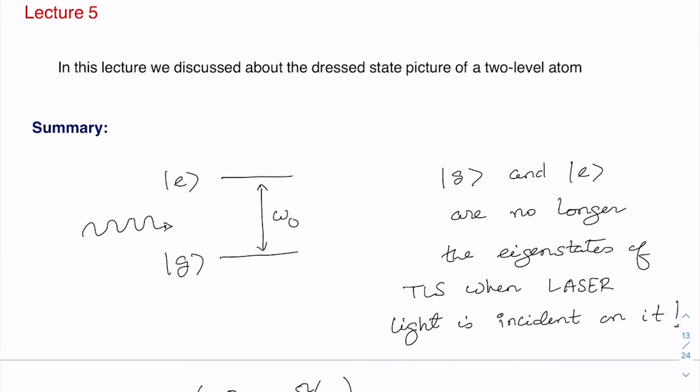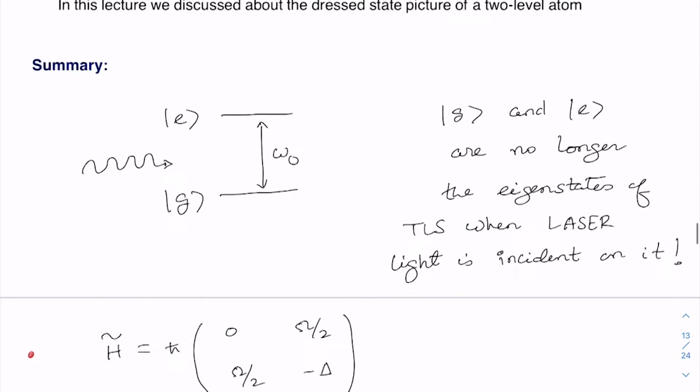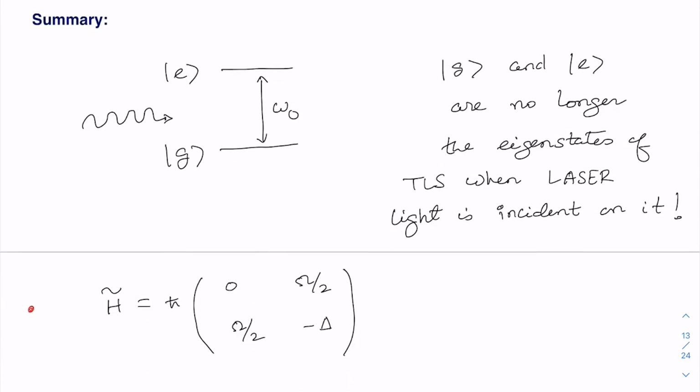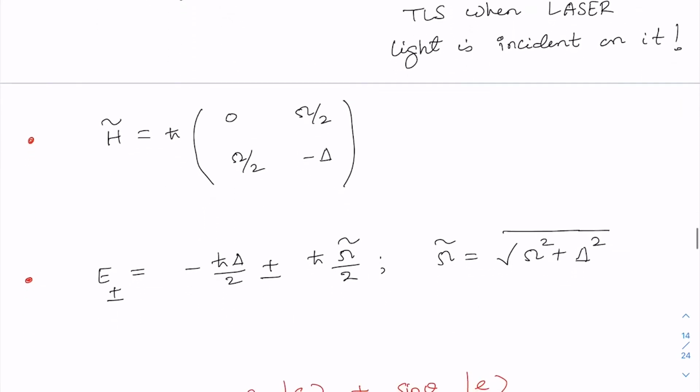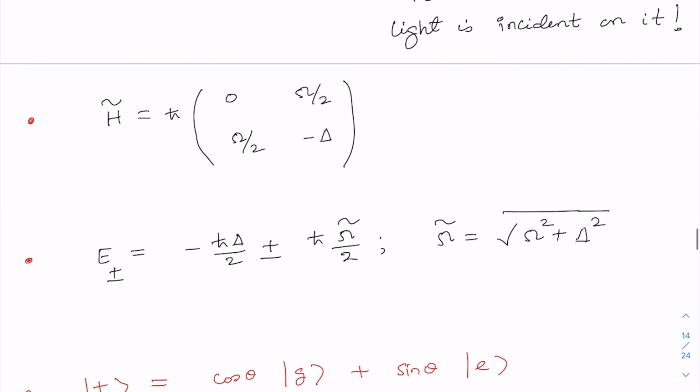The idea was that when laser light impinges on the two-level atomic system, the ground state and the excited state are no longer the eigenstates of the system. Still, we can find the eigenvalues and eigenstates of this dressed Hamiltonian.